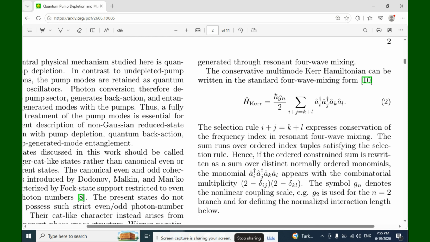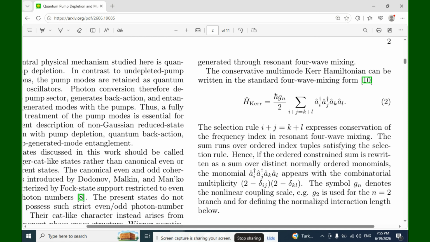The sum runs over the ordered index tuples satisfying the selection rule. Hence, the ordered constrained sum can be rewritten as a sum over distinct normally ordered monomials.